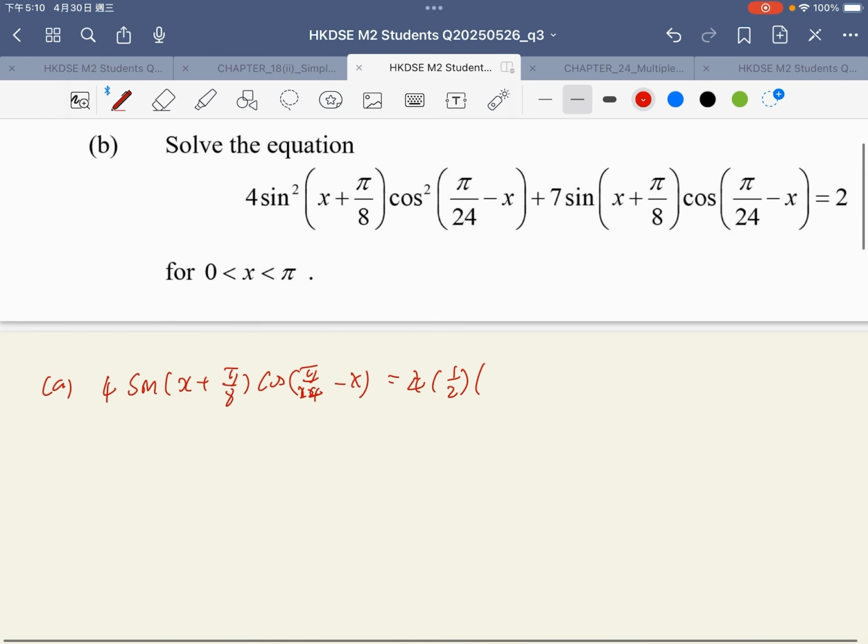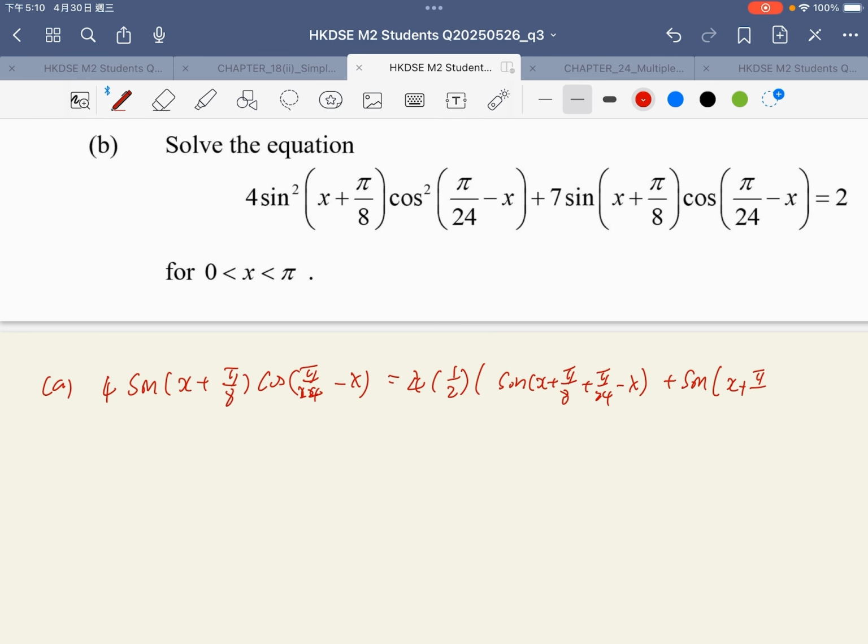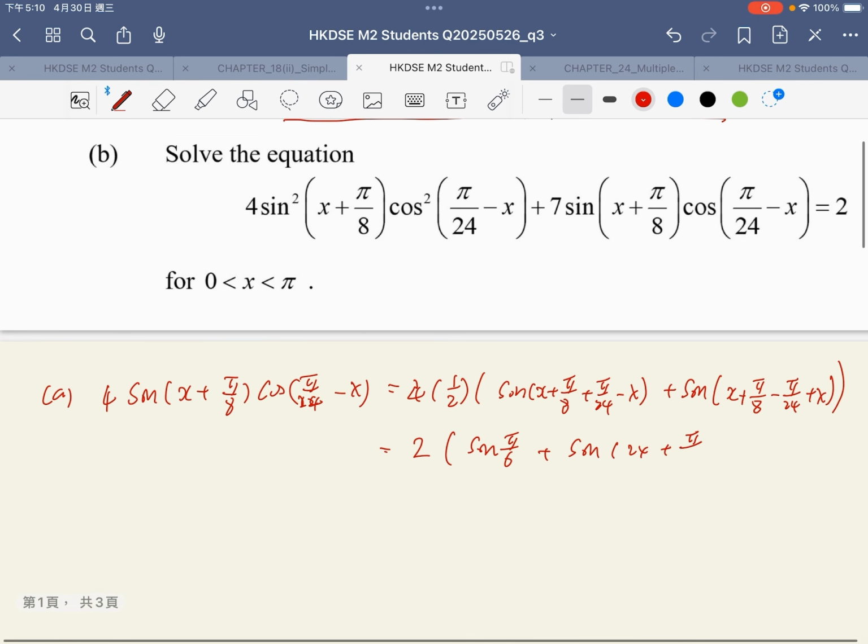Then the first one is sine of (x plus pi over 8 plus pi over 24 minus x), and plus the difference of the two angles. Okay, and this is 2, and this is sine pi over 6, and this is 2x plus pi over 12.